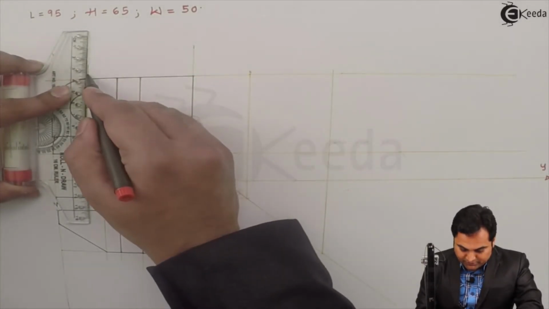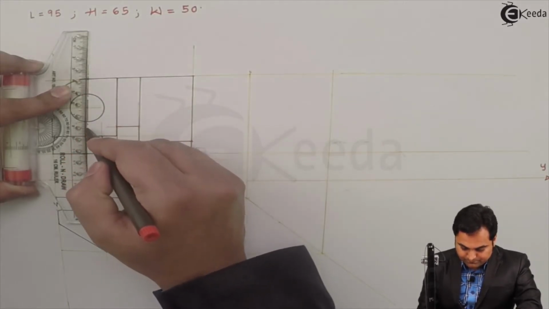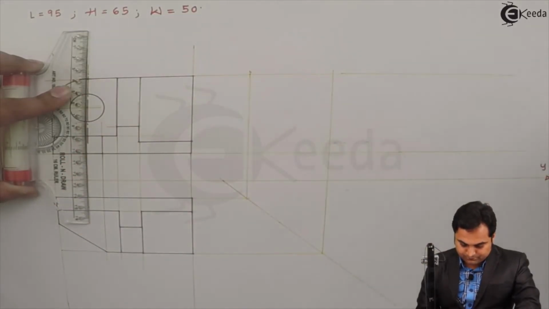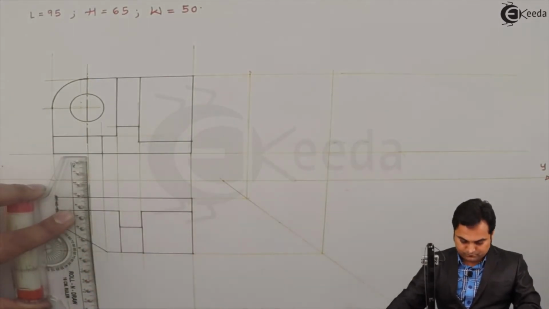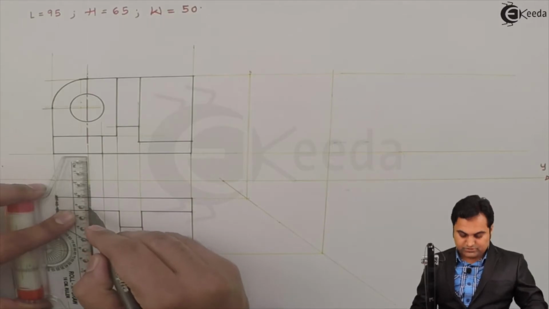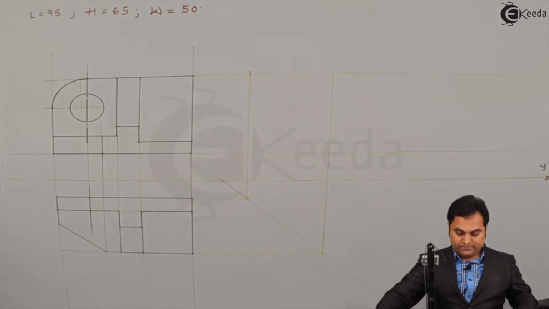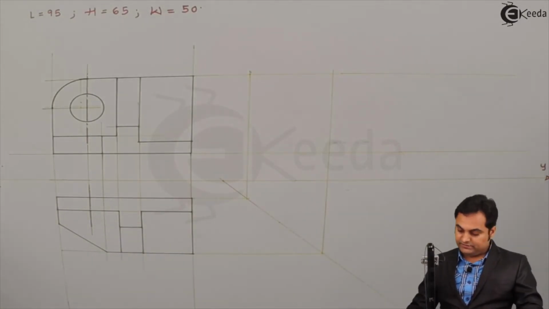Here I am drawing the center line. So this is the center of the circle. Then I'll project its diameter.